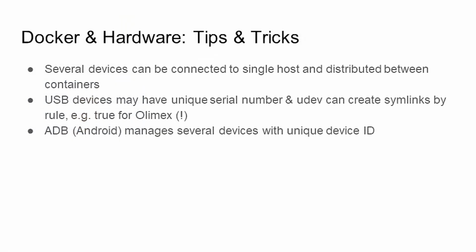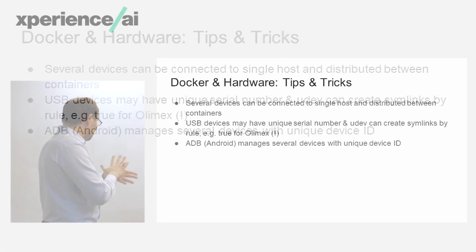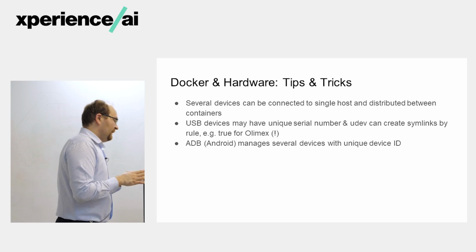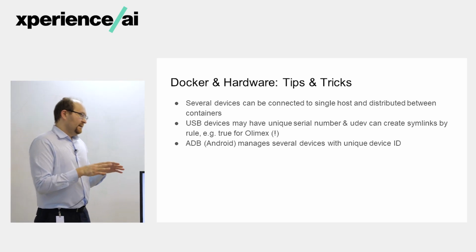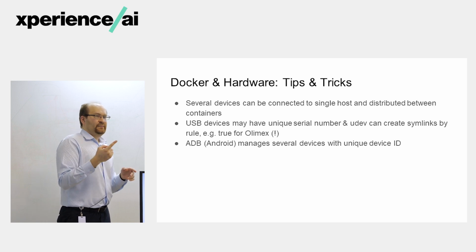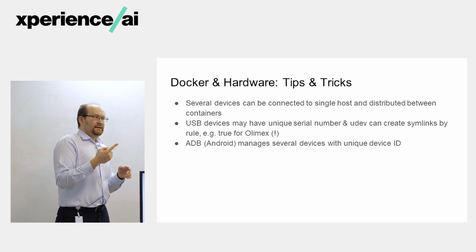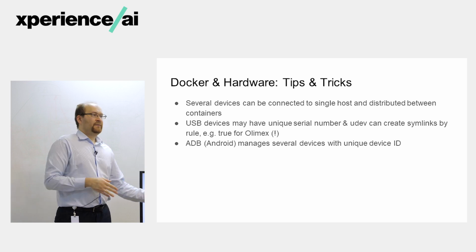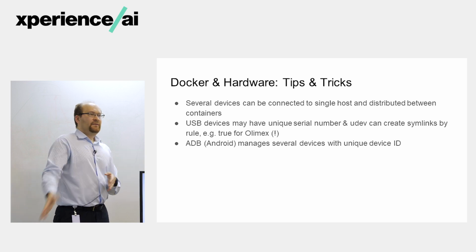A couple of details and tips on how to deal with devices. There are a lot of cases when software is developed with one device in mind. But that's not true for continuous integration. For example, you have a lot of mobile phones and you want to test on all of them.